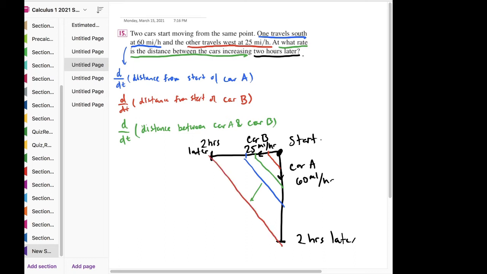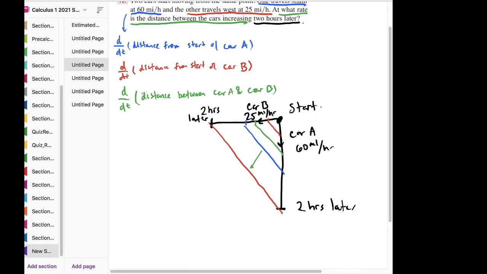It could be a changing rate or it could be constant. So the question is, at this point in time, what is d/dt of the distance? We want to find the derivative of how fast the cars are getting further apart from each other.